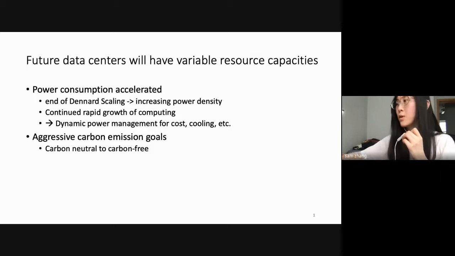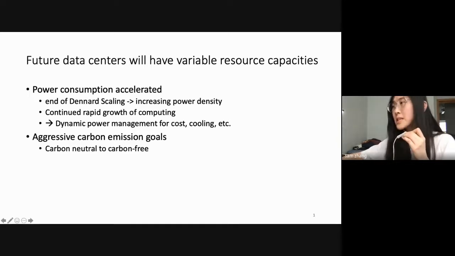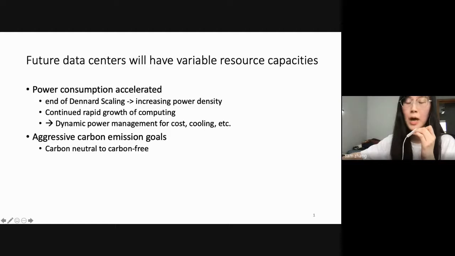For example, Google has previously been carbon neutral, which means they buy green energy to offset some of their traditional brown energy. And companies like Google have pledged to actually be carbon free, which means using green power 24/7.